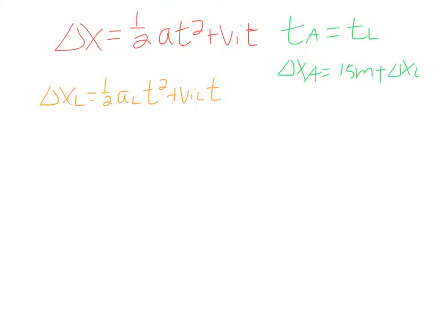We know that delta x for AJ, let's do that in another color, is equal to 1/2 of AJ's acceleration, t squared, plus AJ's initial velocity times t. Right here, we have delta XA in terms of delta XL. So I'm going to make this substitution.